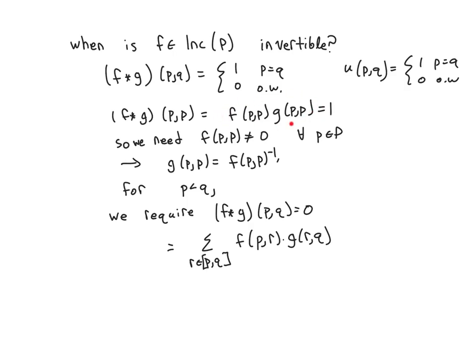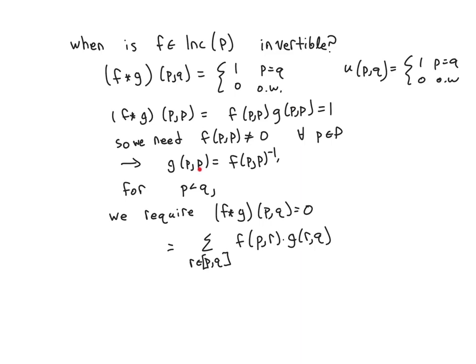And so the summation formula becomes just this one term. And so if we want this to be 1, we see that f of PP has to be non-zero. Otherwise that would make that 0 for every element in our partially ordered set. And then we see what g of PP has to be. It has to be the reciprocal of this, so when you multiply it out, you get 1.